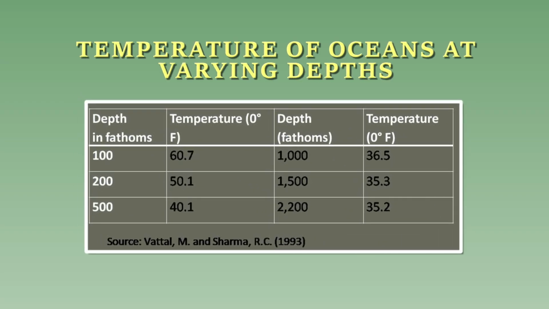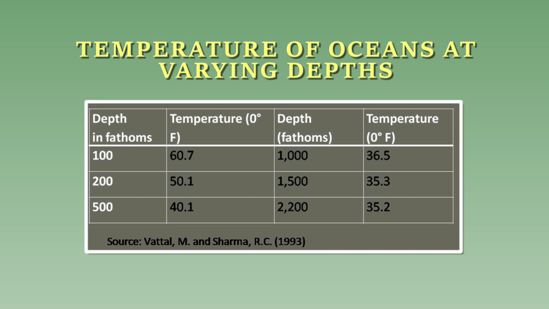In this table you see temperature is shown and depth in fathoms is shown, like 100 fathoms or approximately 200 meters. You see temperature is 60.7 degrees Fahrenheit, and as we come to 200 fathoms, 500 fathoms, the temperature decrease is significant in this region, 50.1 degrees Fahrenheit, then 40.1 degrees Fahrenheit, and then it is reaching 36.5 at around 1000 fathoms.